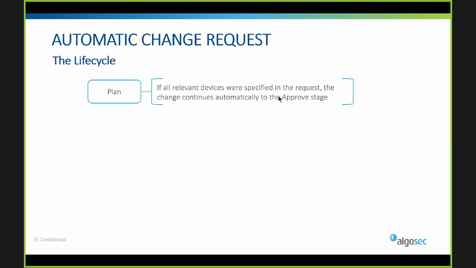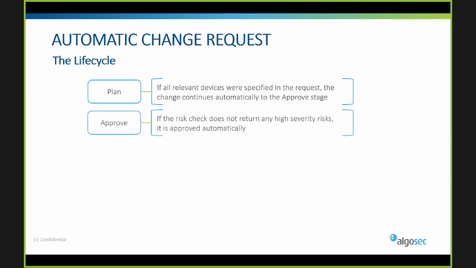What do I mean by that? If there are no stubs, if there are no missing firewalls, remember when we looked at the map, we said there are stubs that are not actually configured in Firewall Analyzer. So if there are none of those stubs, everything seems to be in place. At plan, we don't need to click confirm devices, it just goes straight to approve.